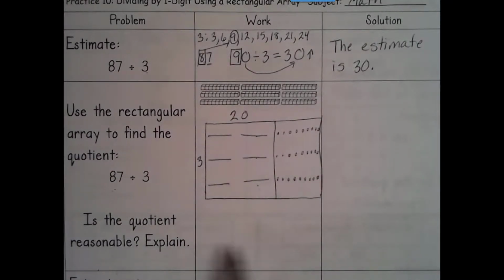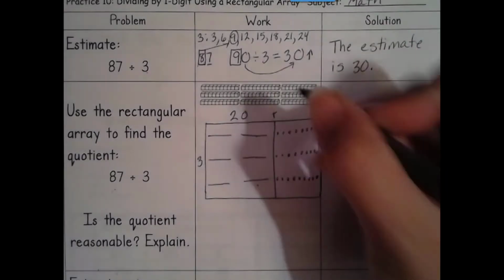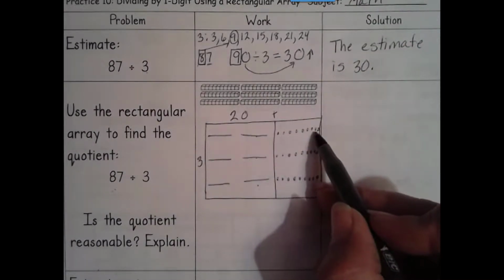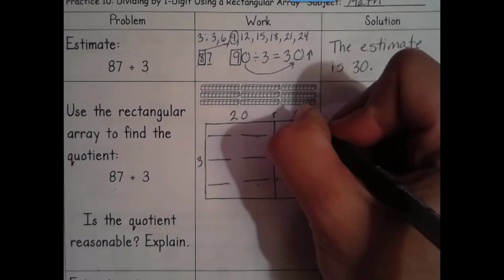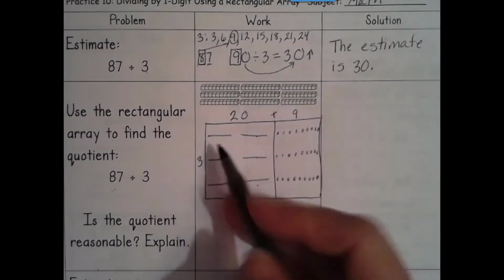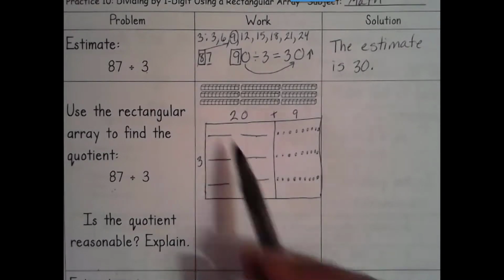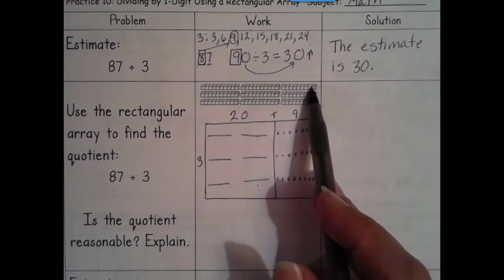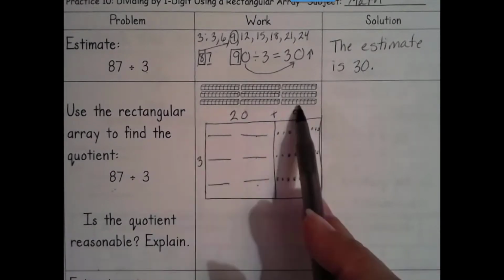So you get to 87. We have none left over. So in this row, I have 1, 2, 3, 4, 5, 6, 7, 8, 9. So I have 29 in each row, and that's what this shows here. 10, a 10, and a 9. And my 3 equal groups there.